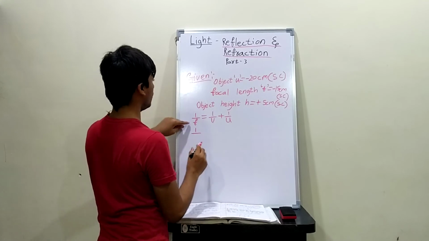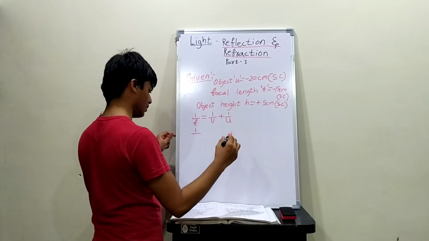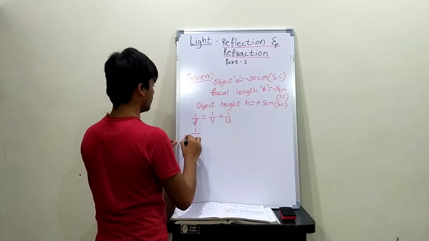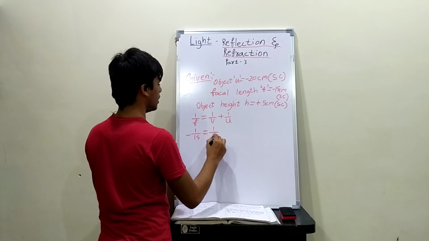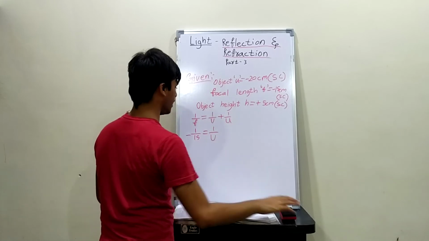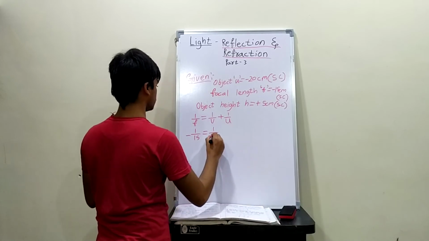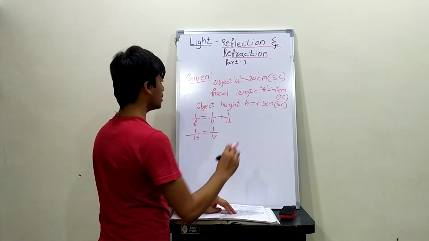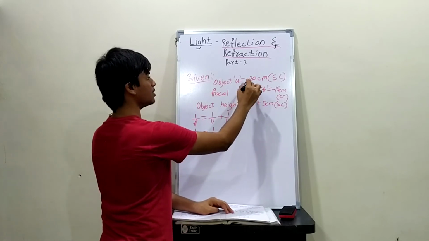Now let's put our values in this. So what we have, f value here is negative 15, minus 15 centimeter. Image distance is what we have to find here. And object distance we have got negative, that is 20 centimeter, minus 20 centimeter.